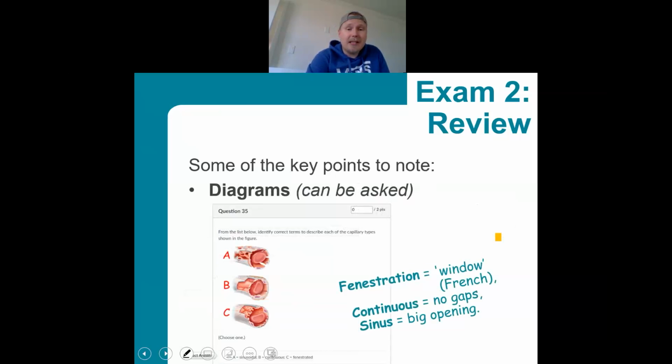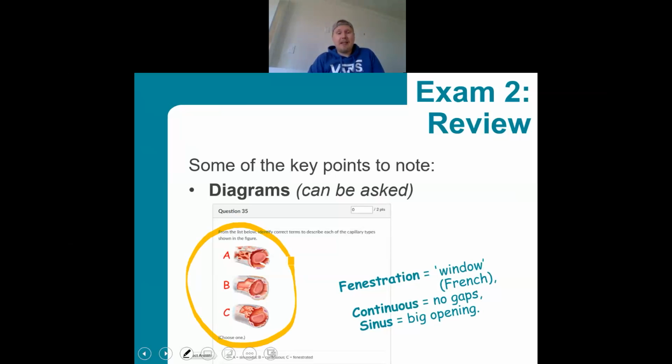So here we had a nice diagram showing different kinds of capillaries. And I had mixed up the order a little bit. Let's start with the first one. First one is here, our fenestrated capillaries. They have small windows on the side, so that comes from a French word for a window.